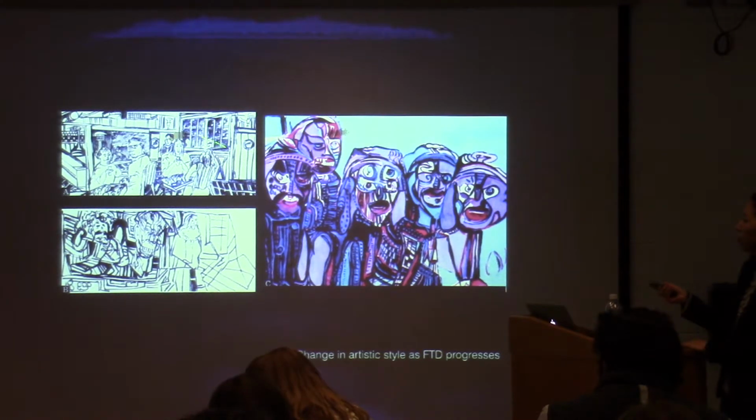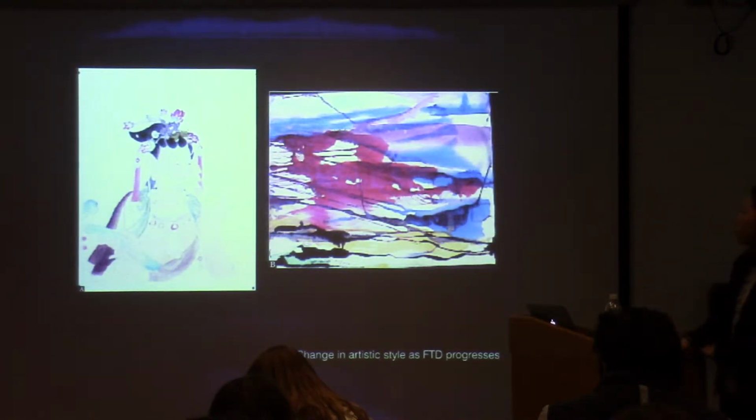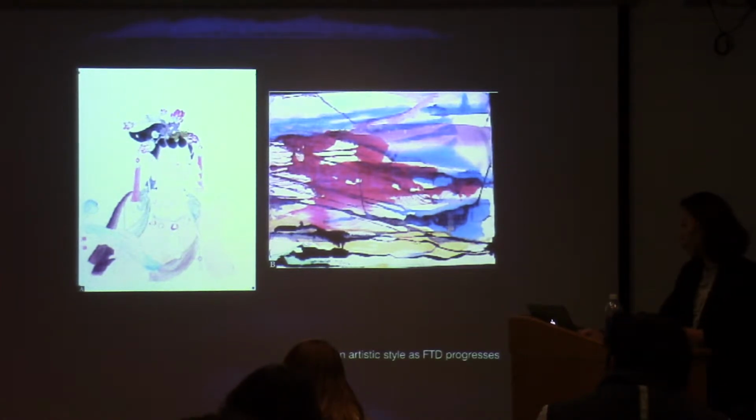This artist used a pretty representational way of sketching out his environment, and then it turned into very abstract and colorful forms of art. This is another artist whose style changed with her dementia. She used to be trained in traditional Asian painting, but after the disease onset, her paintings became very abstract, color-rich, and very expressive.